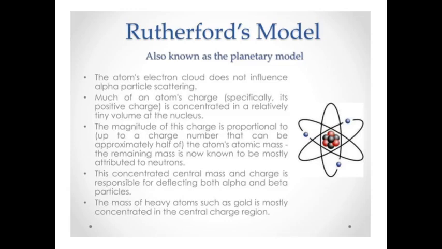The next point is that the concentrated central mass and charge is responsible for deflecting both the alpha and beta particles that were used in bombarding the gold foil atom. And the mass of heavy atoms such as gold is mostly concentrated in the central charge region.